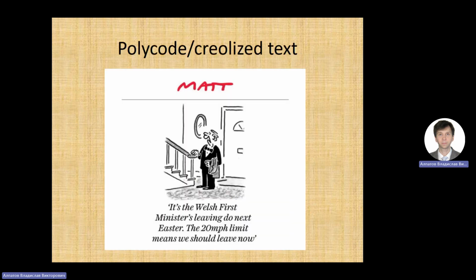And finally, we conclude with one more notion which is widely researched nowadays. It is called polycode or creolised text, when text exists together with pictures. And actually, when we come to think of it, we very often see text combined with picture, right?